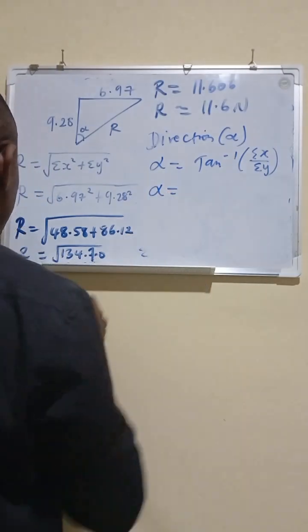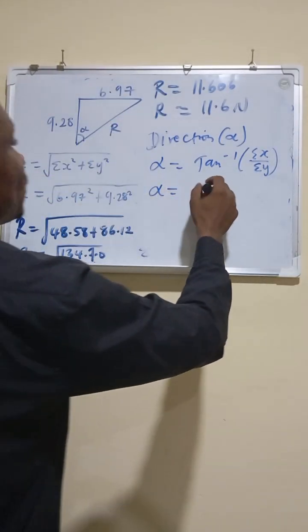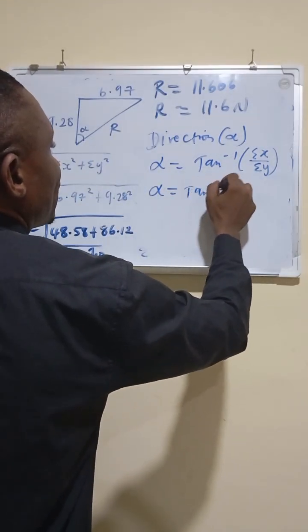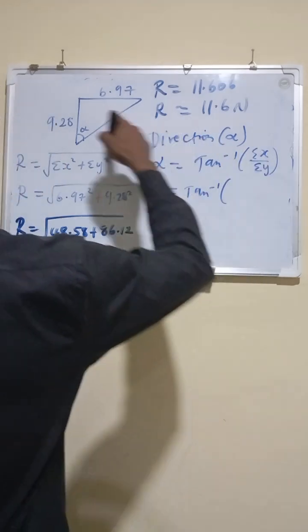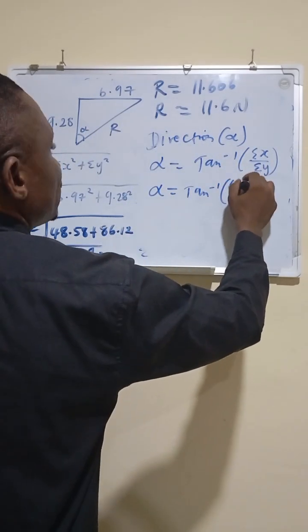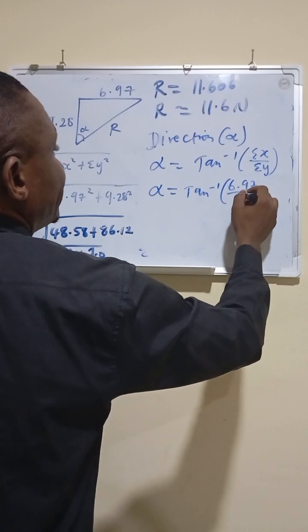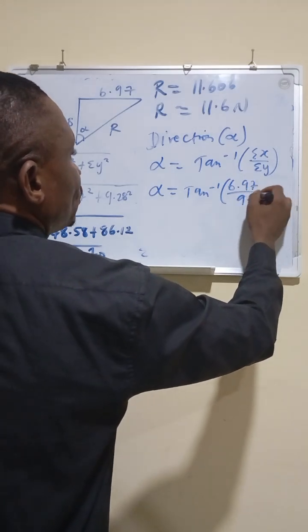So alpha equals tan inverse of 6.97 over 9.28.